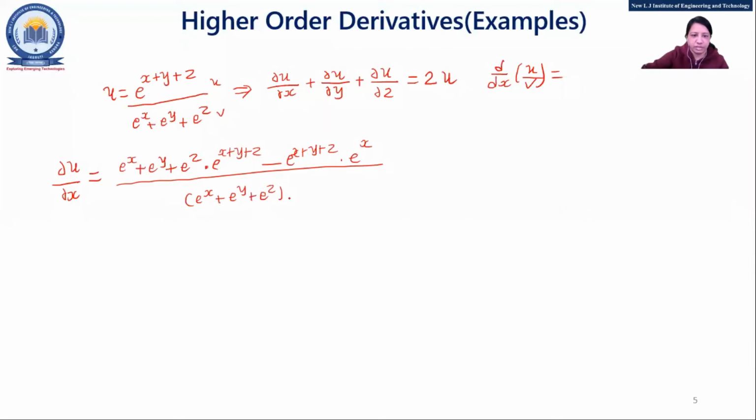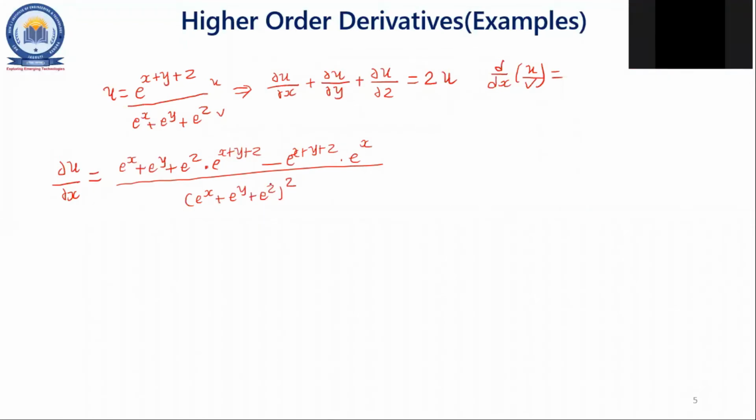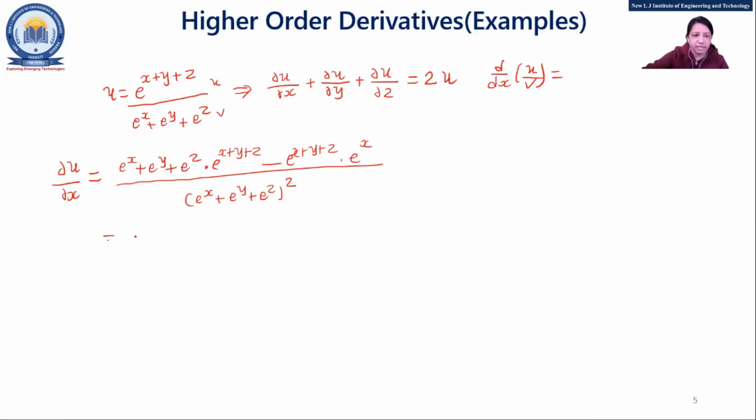Now you can mute yourself. So that is my square, whole square. It can be simplified, right? One is supposed to be cancelled out. So I'll write e raised to x plus y plus z upon e raised to x plus e raised to y plus e raised to z, minus this as it is.